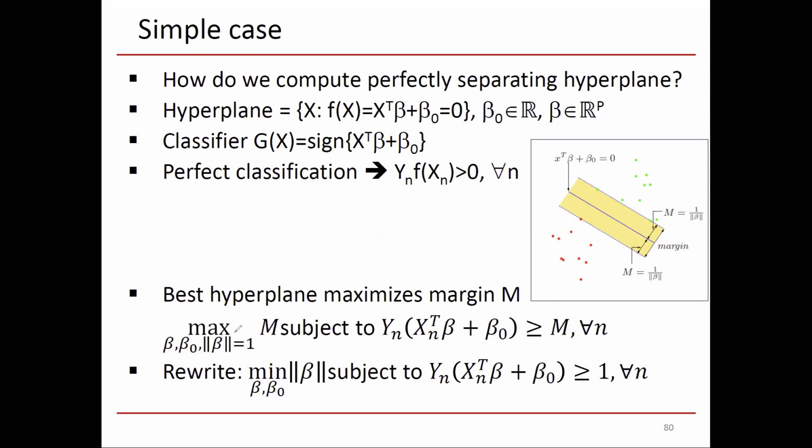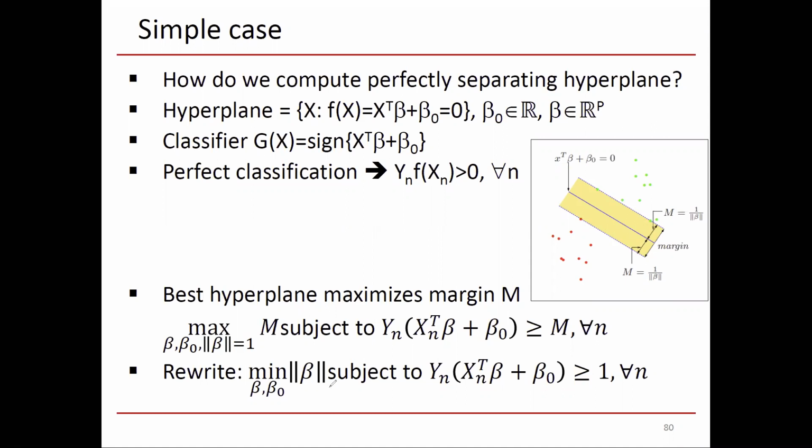Now, just to put things in perspective, beta 0 is a constant, and we're going to require the beta vector, again in R^P, to have norm 1. So among the normalized beta vectors, among the normalized hyperplanes, we're going to find the one that has the largest M, the largest margin. We can rewrite this as follows. This is the same formulation.